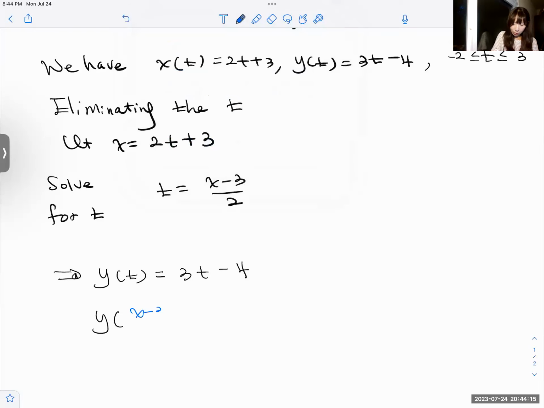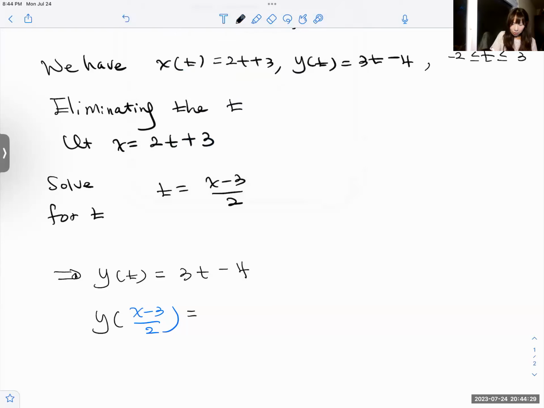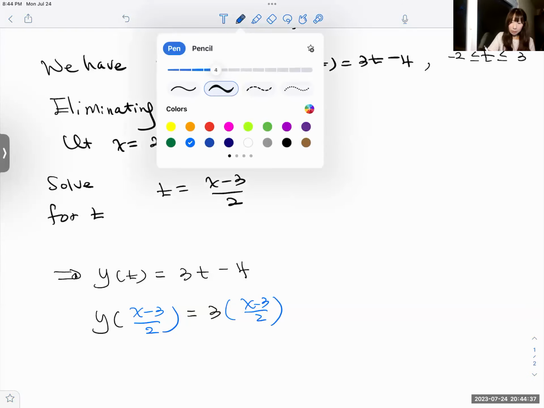So we have (x minus 3) over 2. Let me make the x nicer. Now this equals 3 times (x minus 3) over 2, minus 4.